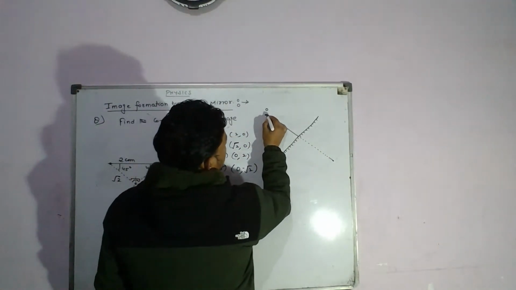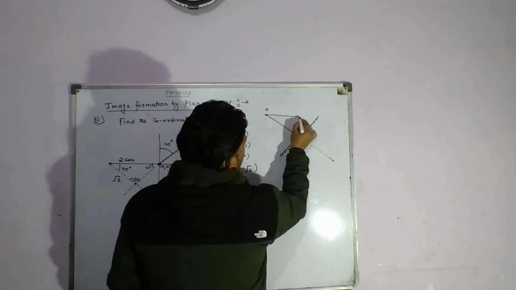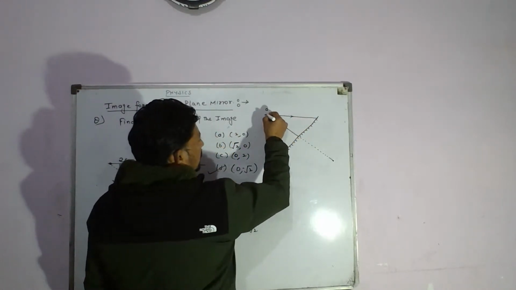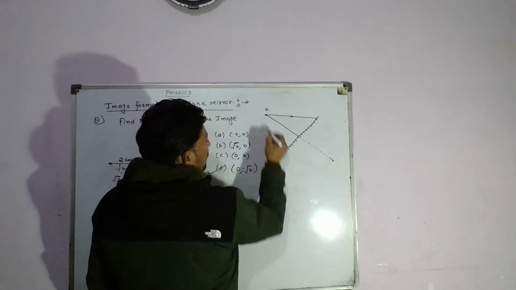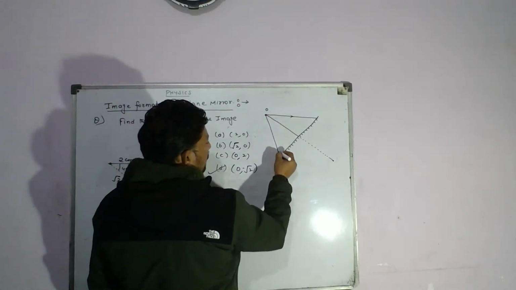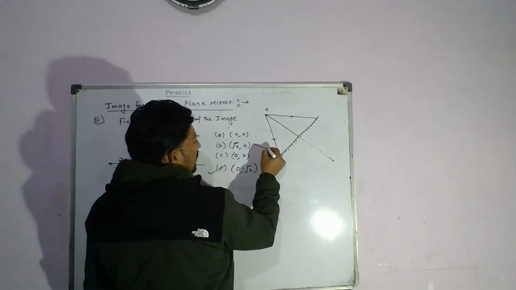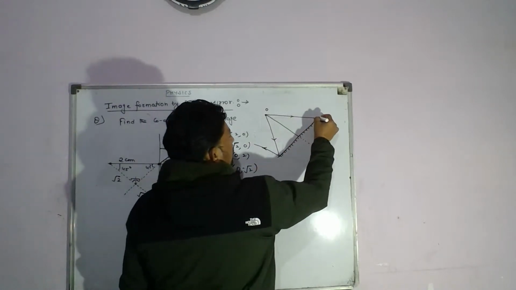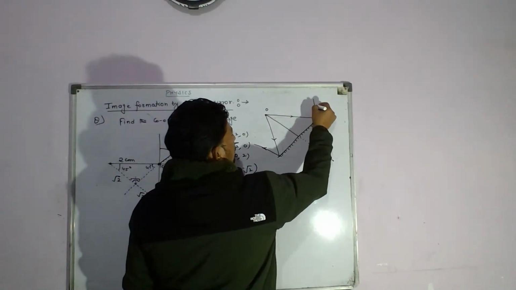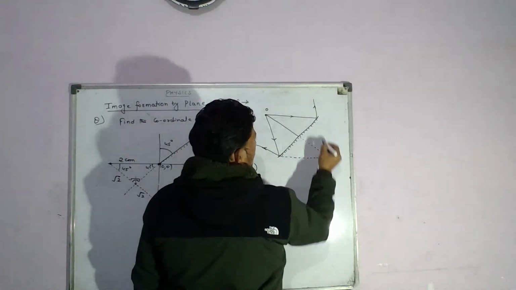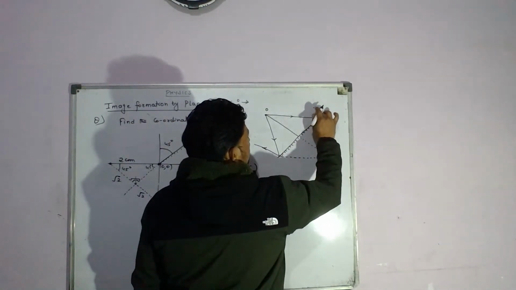So there are two incident rays striking with an angle. So they reflect. The image is formed at the same distance.